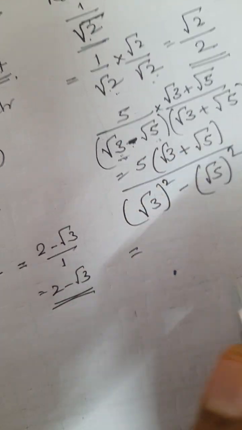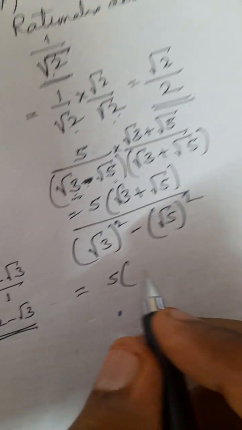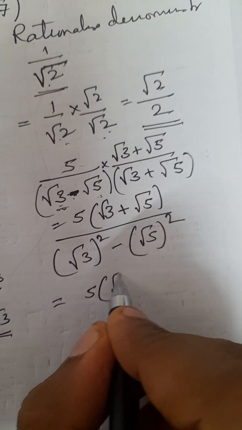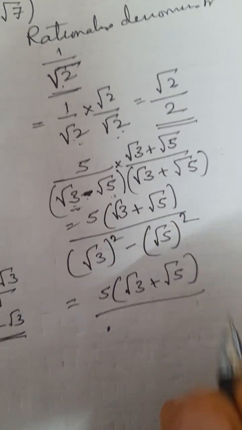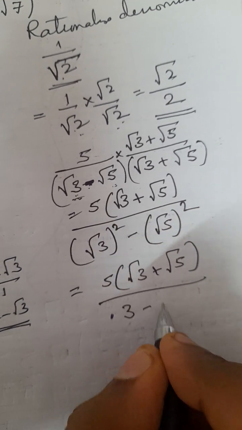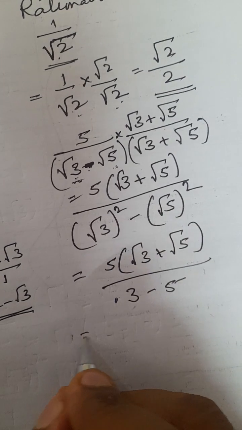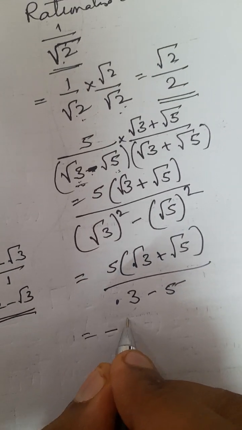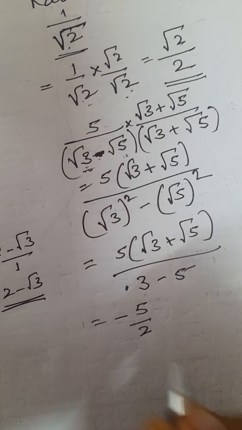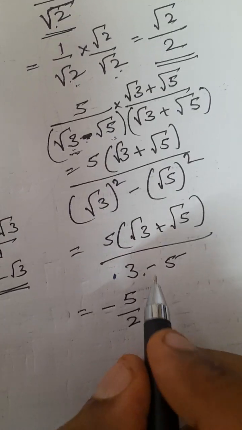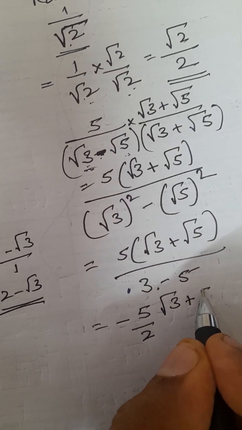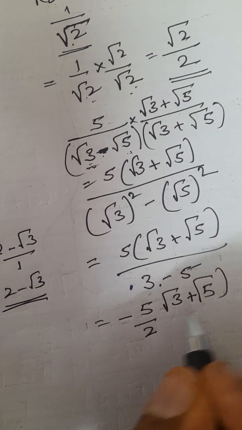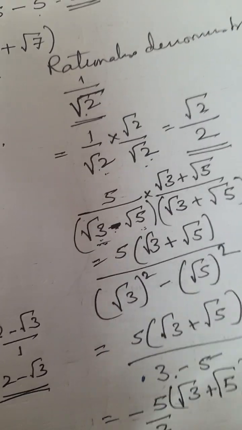So this will become 5 into root 3 plus root 5 divided by 3 minus 5. That is equal to minus 5 by 2, because here you're getting minus, into root 3 plus root 5. This is going to be your answer.